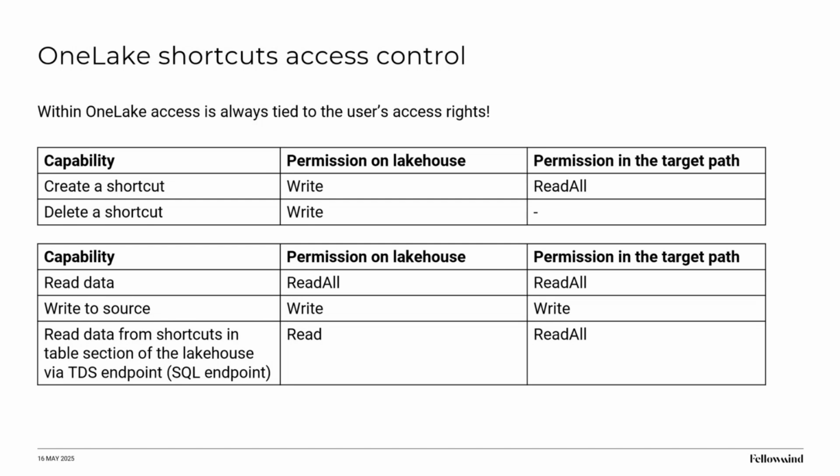Then Microsoft talks about target, which means the place where you are picking the data up. I usually call it root or source, but let's talk about target now, because that's what is used in the documentation. To create the shortcut, you need to have ReadAll access on the target.